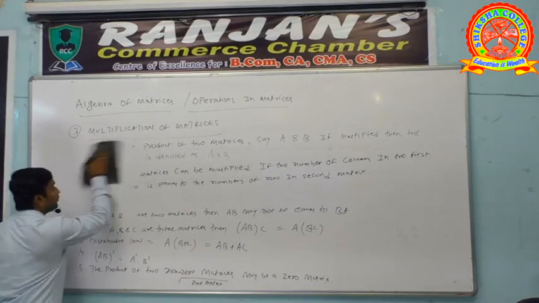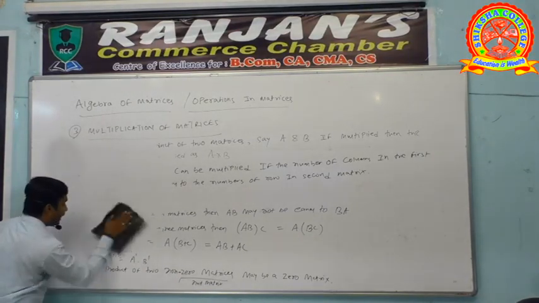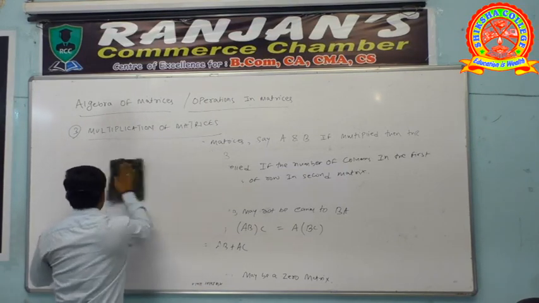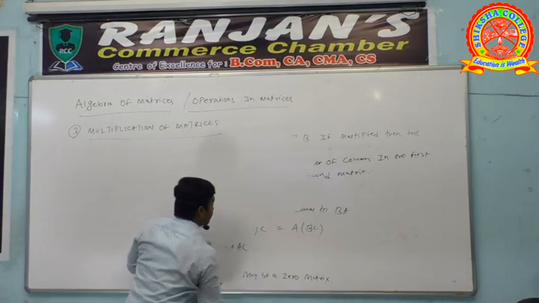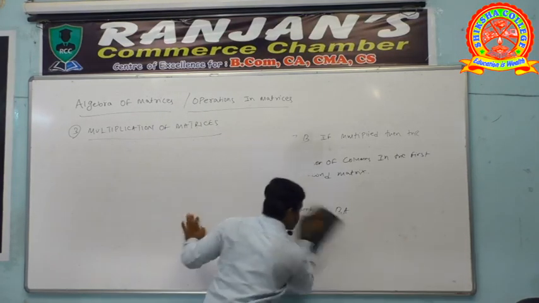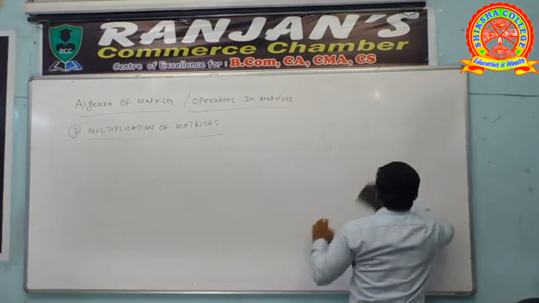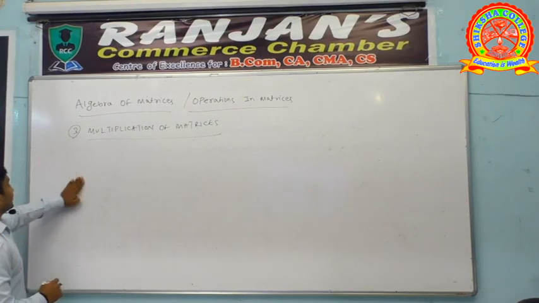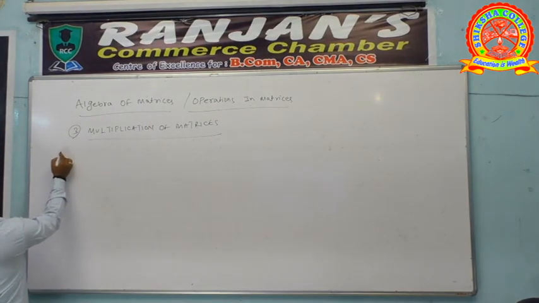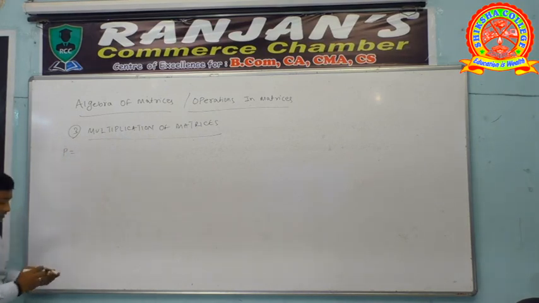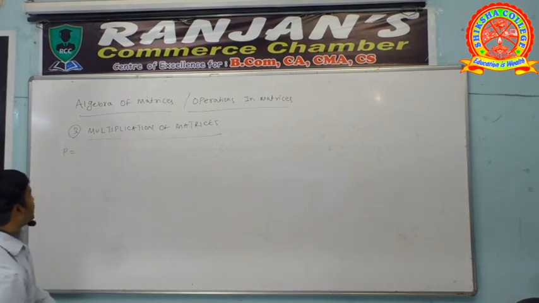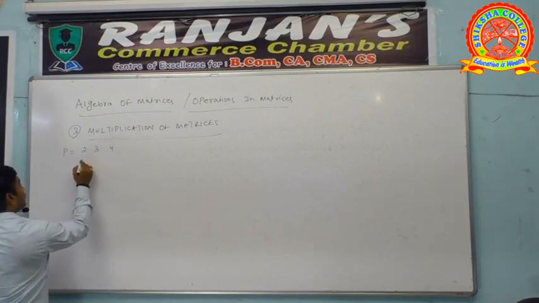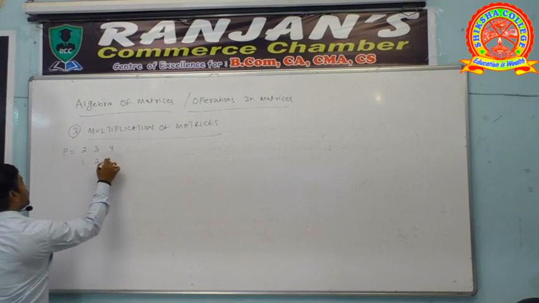So see, now I am going to make a multiplication. See, we have two matrices, P equals 2 3 4 1 2 3.